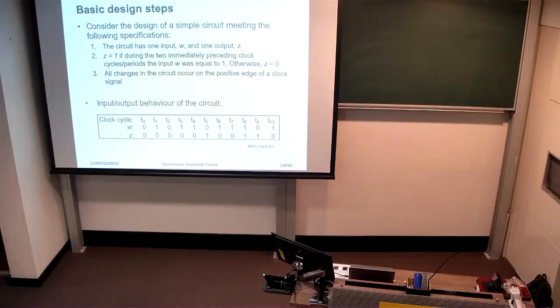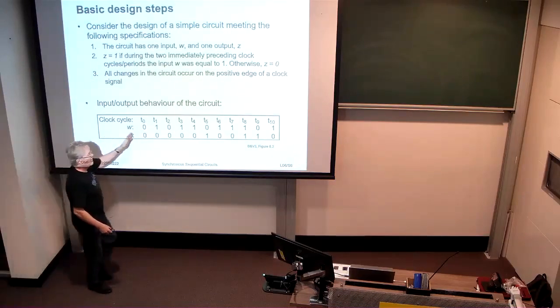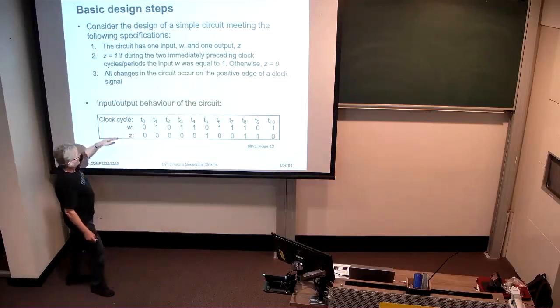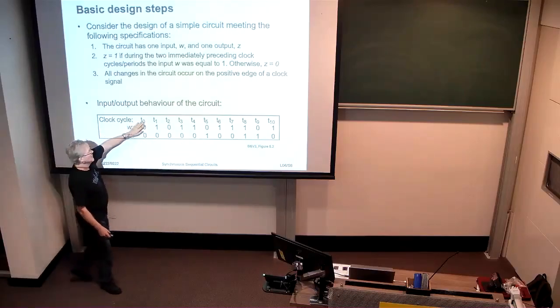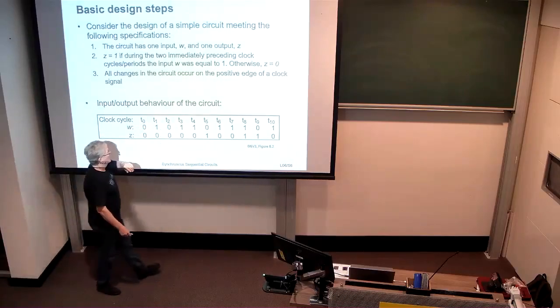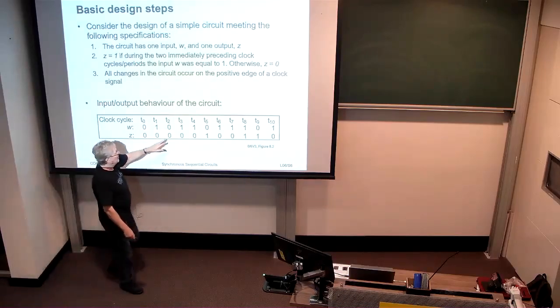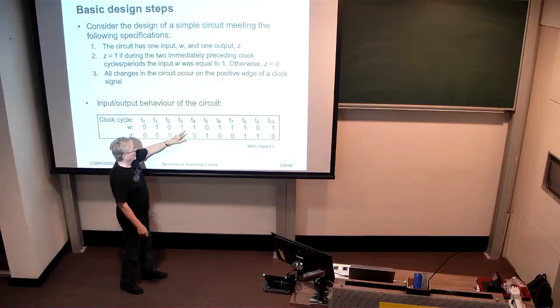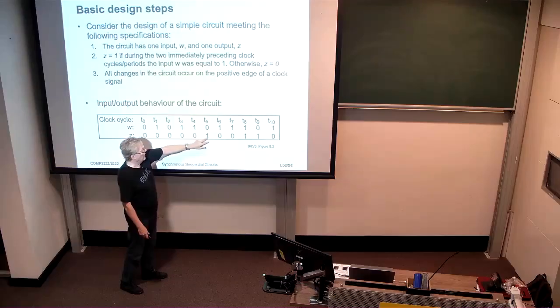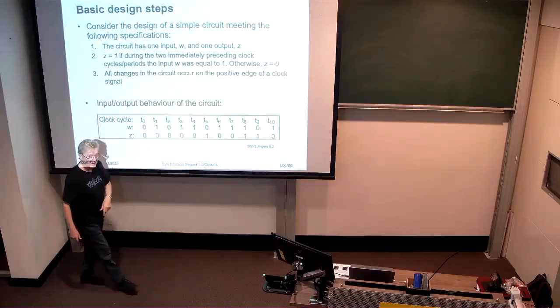Okay? So here's an example of the input-output behavior that we're expecting for this circuit. We can see here the input W over a number of clock periods, 0 through 10. We see that after two successive clock periods, T3 and T4, where the input is 1, in T5 we see the output Z going to 1.